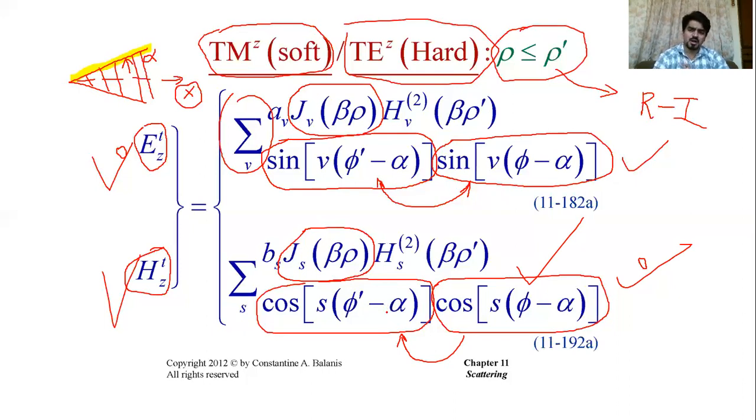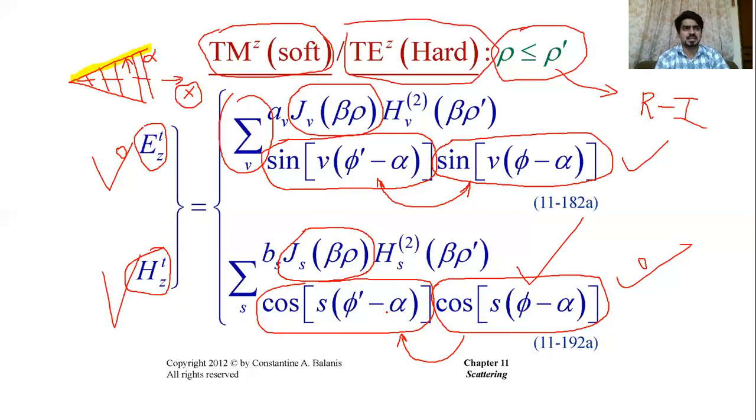Now, along with this, we also define something like a soft polarization and hard polarization. And how do we define that? If you remember, if your E field is parallel to the edge of your wedge, so in this case, the edge of your wedge is directed along or placed along the z-axis.